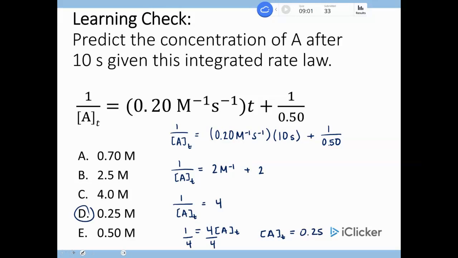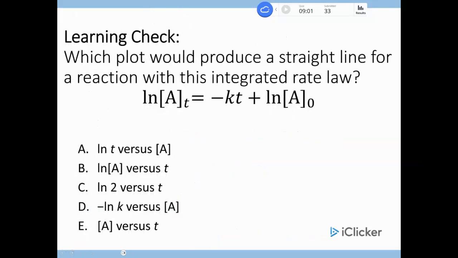Okay, the next question, we're looking at the equation for a first order reaction, this integrated rate law equation. And the question is, which plot would produce a straight line for this reaction? The integrated rate law here is written in y equals mx plus b form, or natural log of A at time t. The concentration of A at time t is dependent on time.